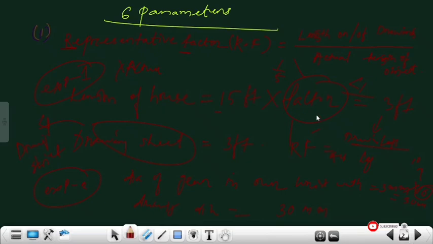The next example is enlarging: the actual length is very small, so we multiply by some factor to increase the object. In this case the scale is called an enlarging scale. Our normal scale is full scale, meaning no enlarging and no reducing. Here the actual object and the drawing object are equal.